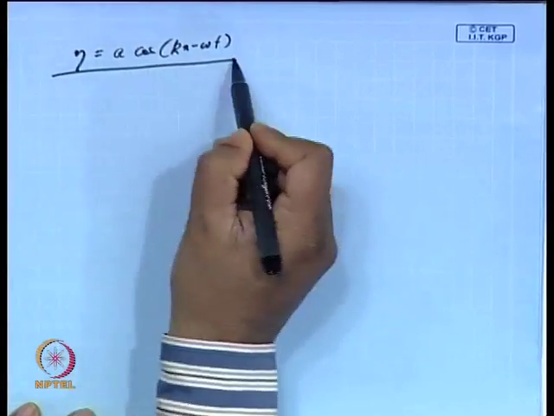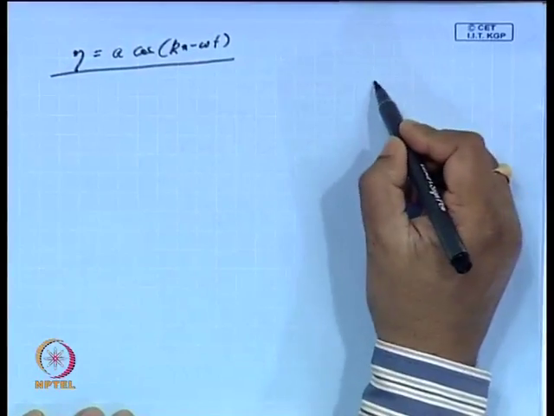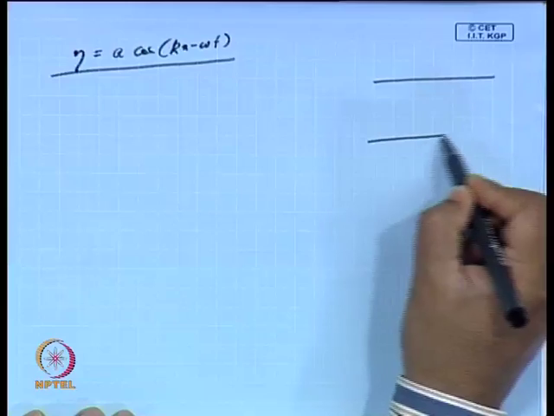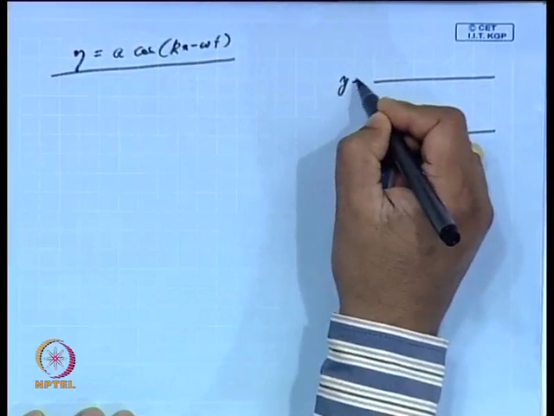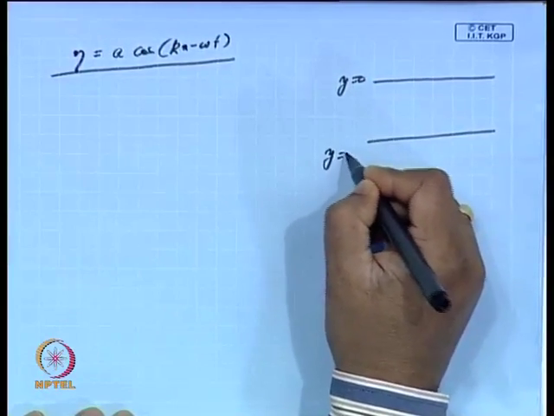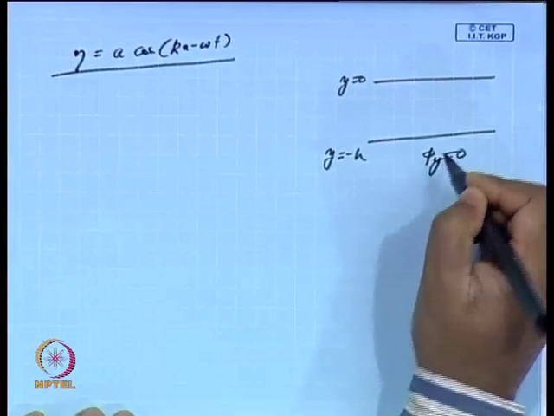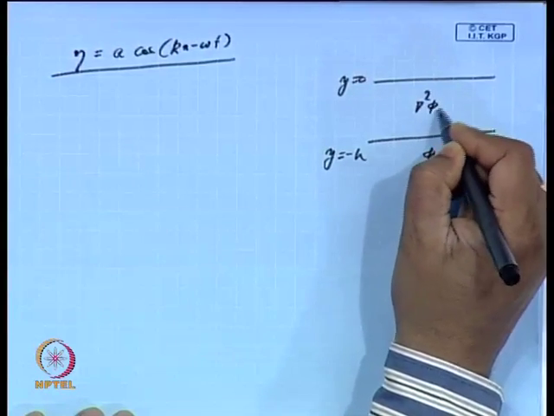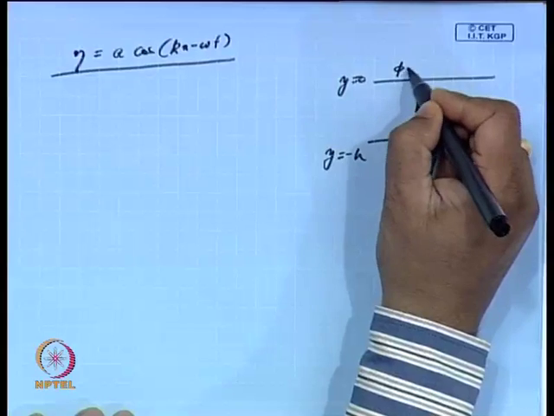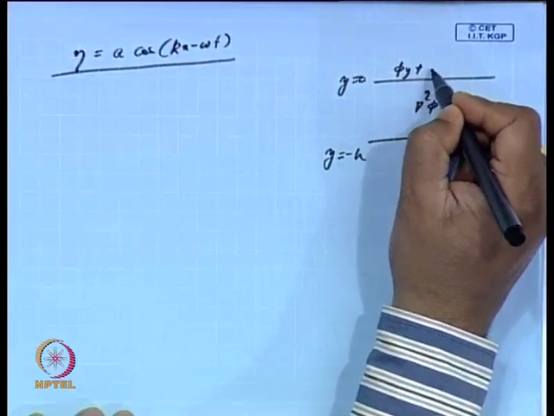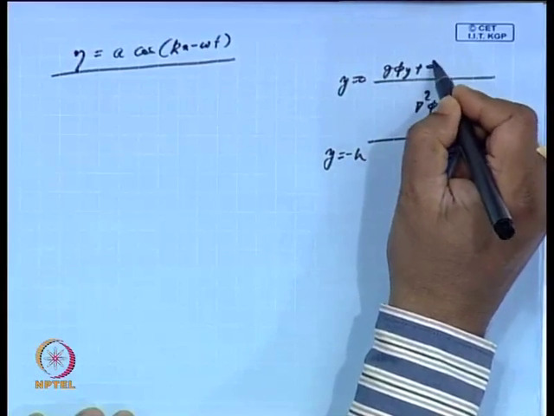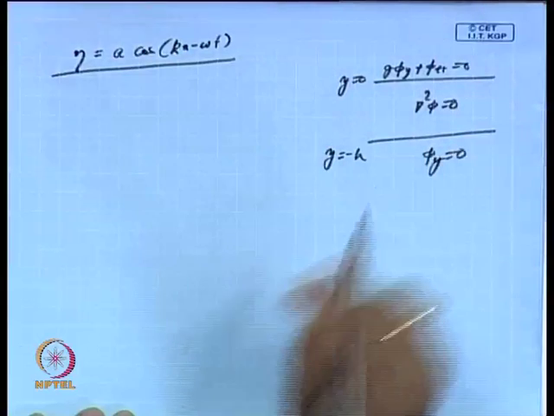If eta is given, this is my mean free surface, this is my bottom surface, and here phi_y is 0, here we have del squared phi equals 0, and on the mean free surface I have g phi_y plus phi_tt equals 0.